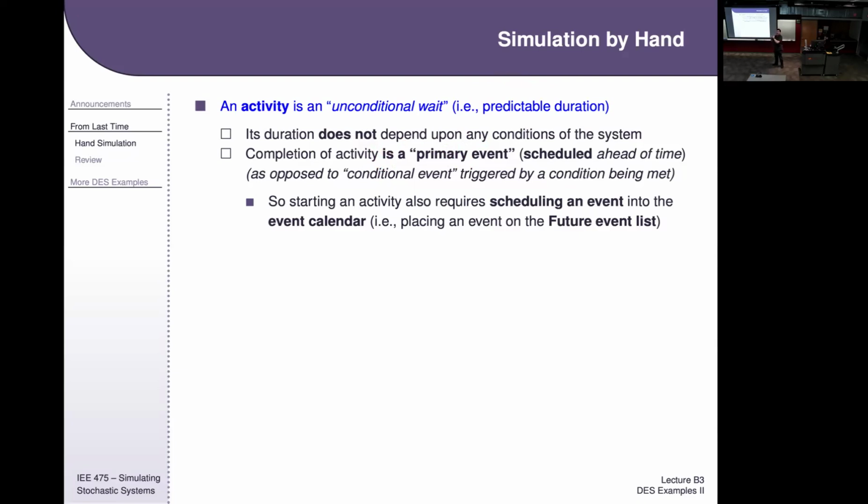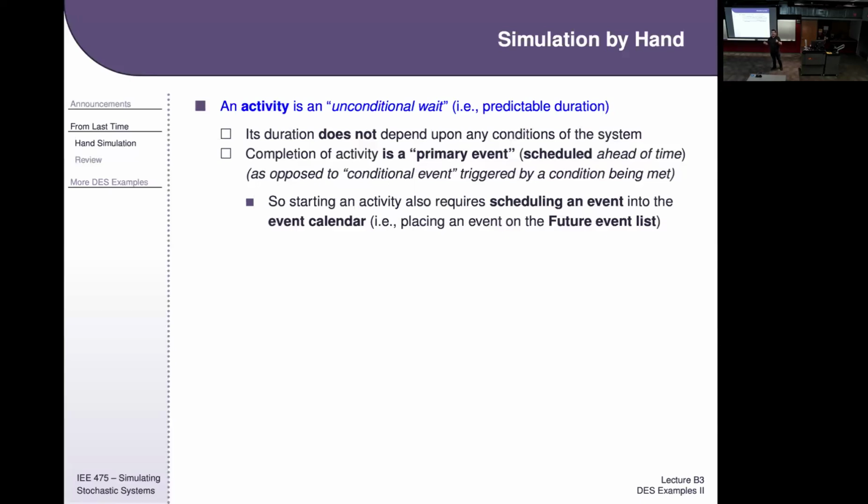When an activity happens, say someone's starting service, the way we simulate that service happening is we schedule the end of that service. And so those things that you're scheduling ahead of time are these primary events. So they're not triggered by something changing in the system.